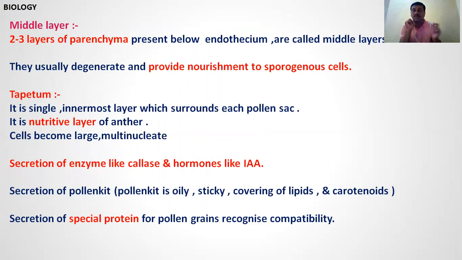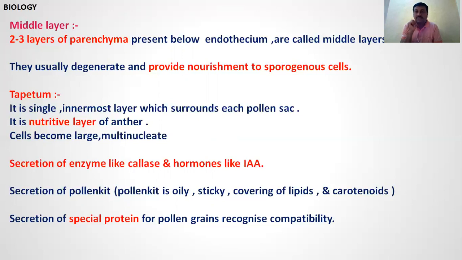Because the sporogenous cells develop the male gametes, it means microspores or pollen grains. म्हणजे पोलन ग्रेन डेव्हलप झाल्यानंतर त्याला एक स्पेशल न्यूट्रिशन्स प्रोव्हाइड करणार आहे, ती हे टॅपेटम प्रोव्हाइड करणार आहे. एन्झाइम्स, हार्मोन्स आर ऑल्सो प्रोव्हाइड लाईक एन्झाइम कॅलेज आणि हार्मोन्स कोणचं आहे? इंडोल ऍसिटिक ऍसिड IAA.